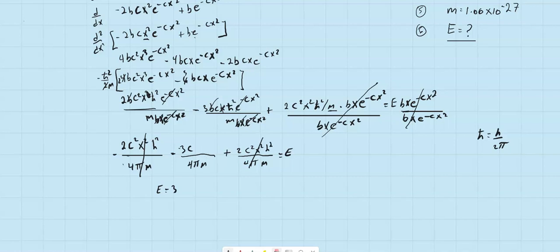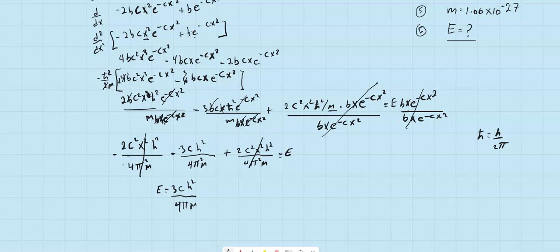So this is going to be 3c h squared over 4 pi times the mass. And remember, pi is going to be squared because it's h bar squared. So it's 4 pi squared.